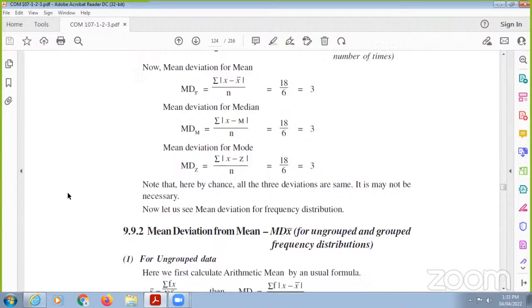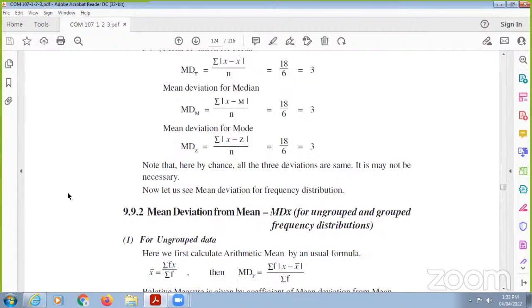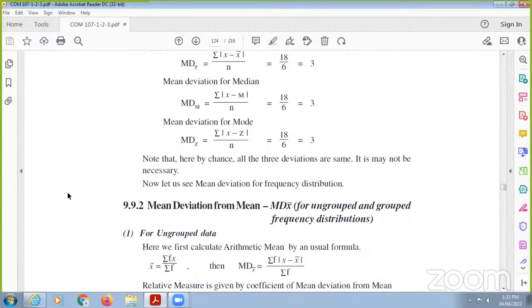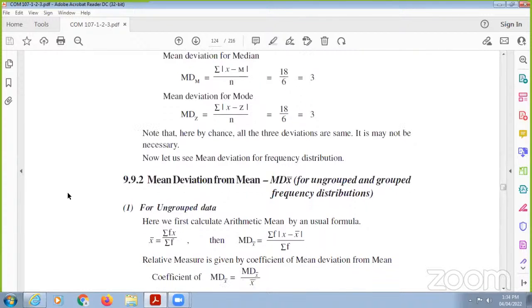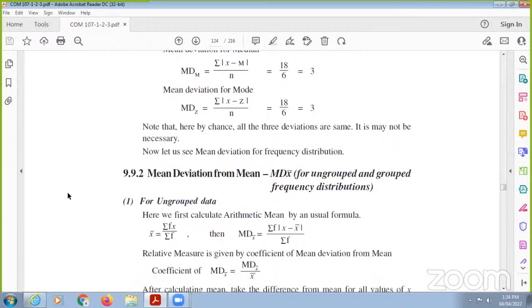Now here mean deviation from mean, that means MD x bar, for ungrouped and grouped frequency distribution. For ungrouped data you will find the example here. First we calculate the arithmetic mean by the usual formula, x bar is equal to summation fx upon summation f. Then mean deviation from x bar is equal to summation f into bracket x minus x bar upon summation f.